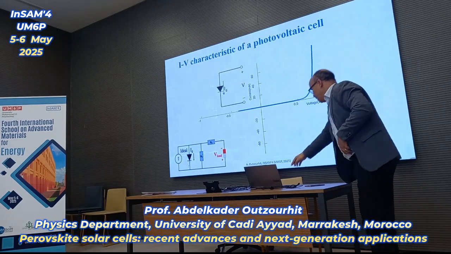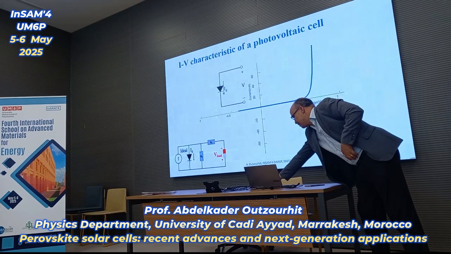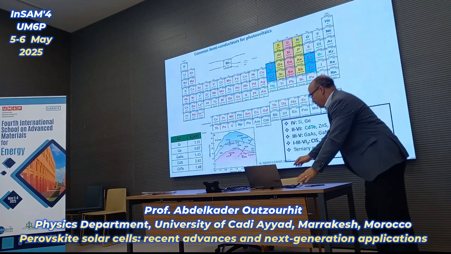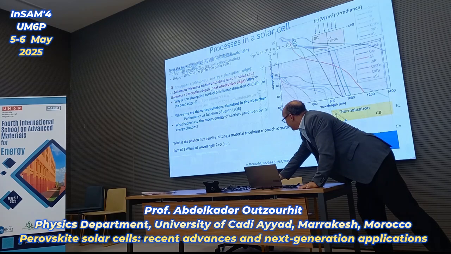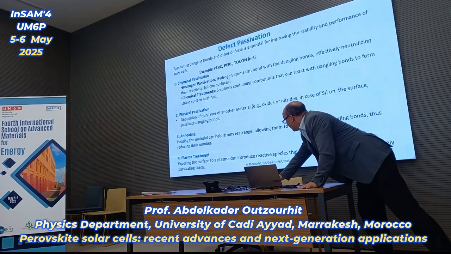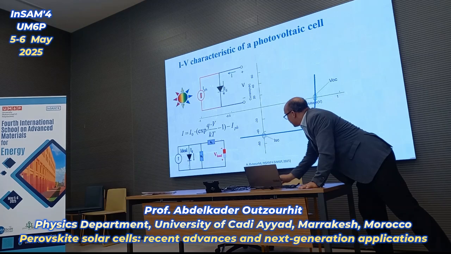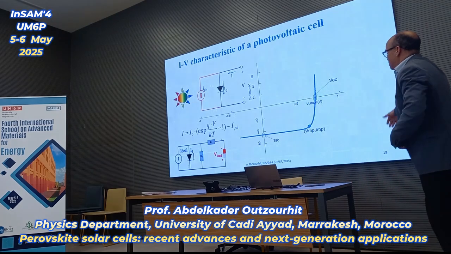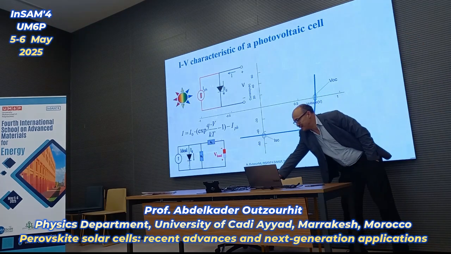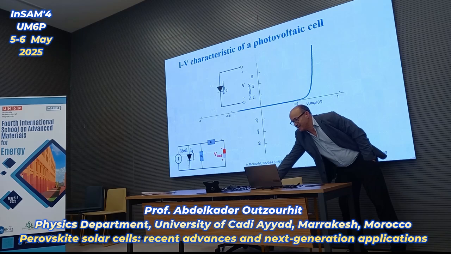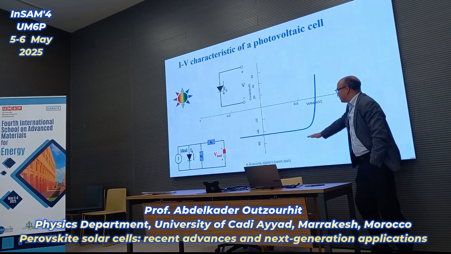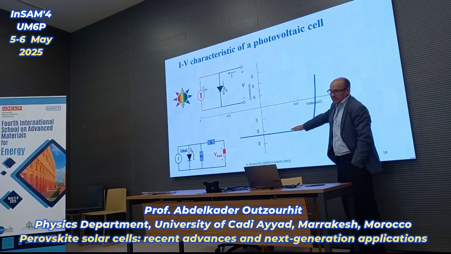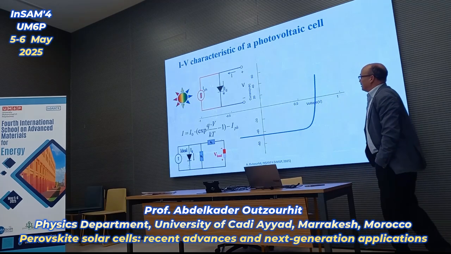So this curve will just shift down. Here is the dark, I shine light, so this will go down, because you add a photocurrent.